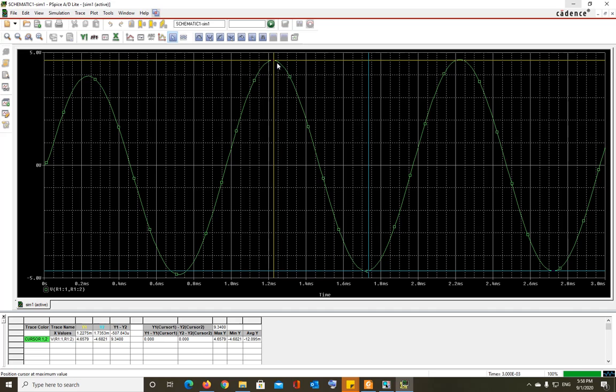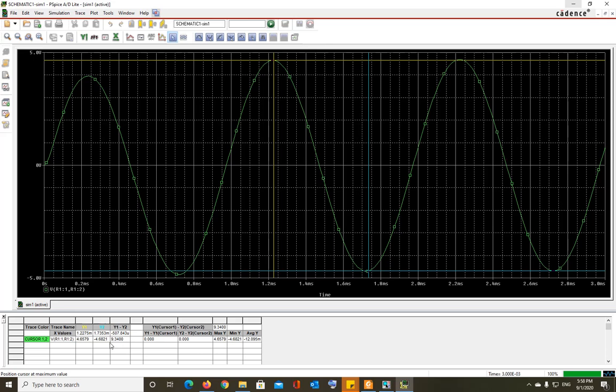Now I can measure the peak to peak value between both, Y1 minus Y2. Y1 is 4.657 at 1.2275 milliseconds, and Y2 is at 1.735 milliseconds, which is negative 4.6821.